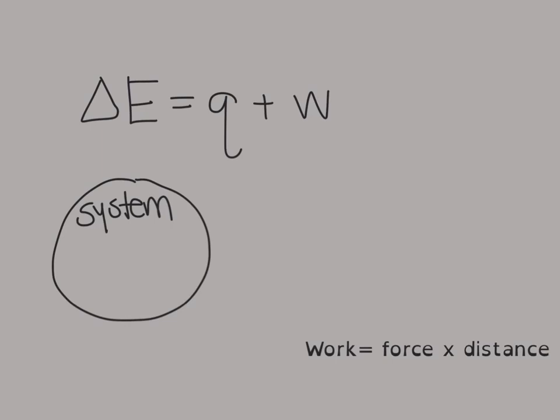All right, remember that energy is the capacity to do work and produce heat. So the equation for the change in energy will be Q plus W, where Q is heat and W is work.